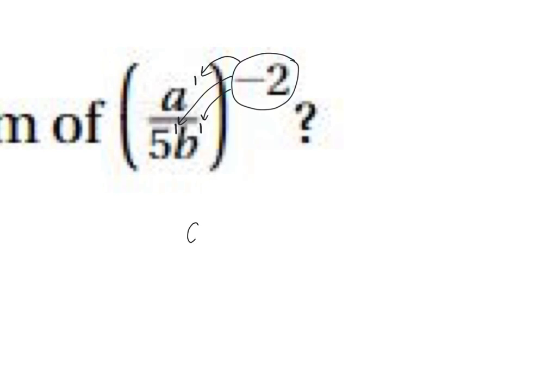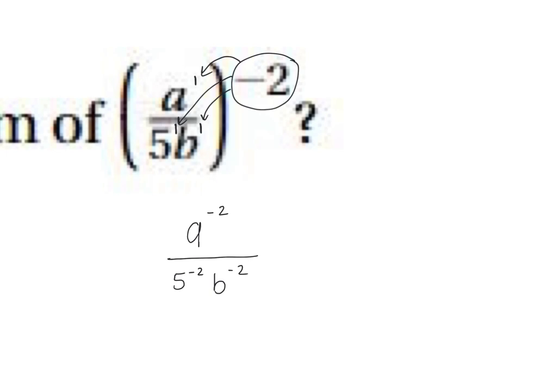So we're going to get a to the negative 2 over 5 to the negative 2, and b to the... Ashton, what's up? Since it's in parentheses, wouldn't the 5 and the negative be together?